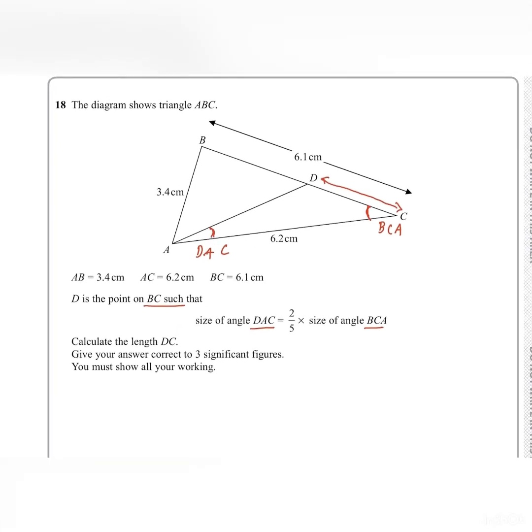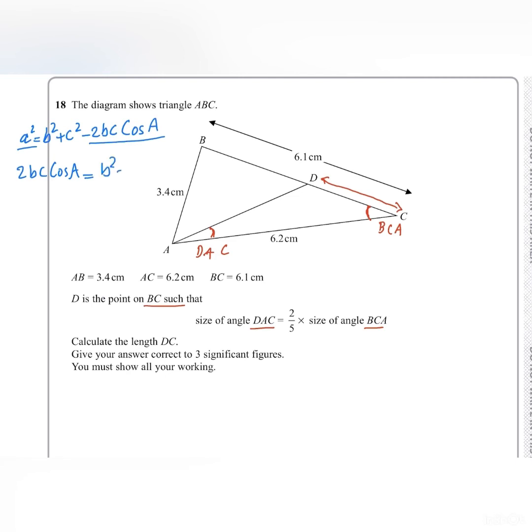So the cosine rule is a squared equals b squared plus c squared minus 2bc cos of A. Now if I make cos of A the subject, I'm going to add 2bc cos of A to both sides, and then take away the a squared from both sides.